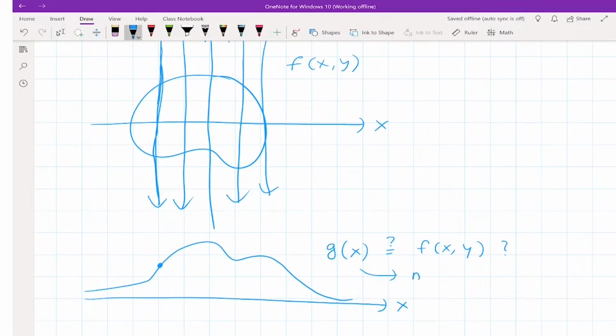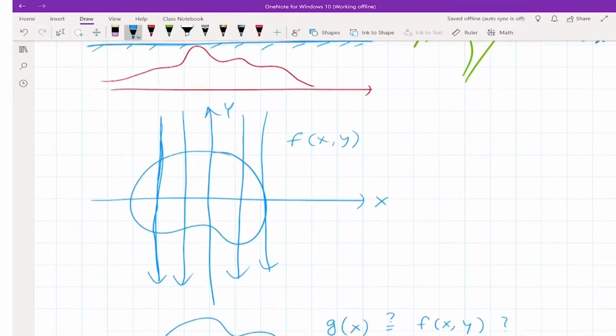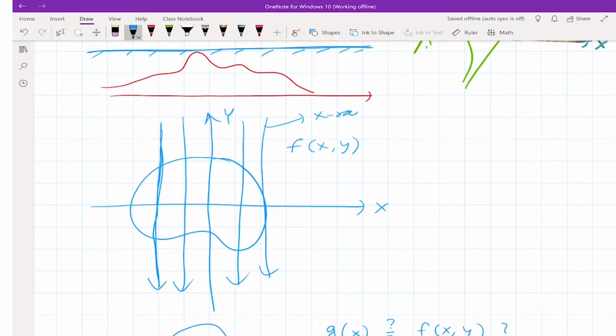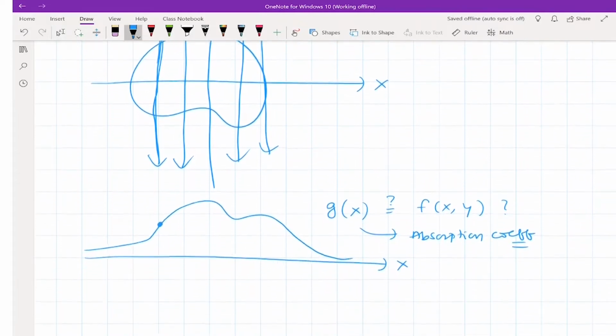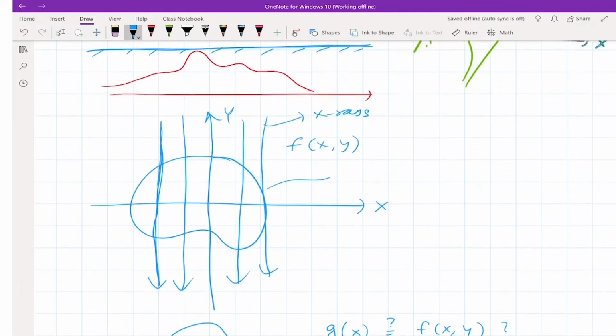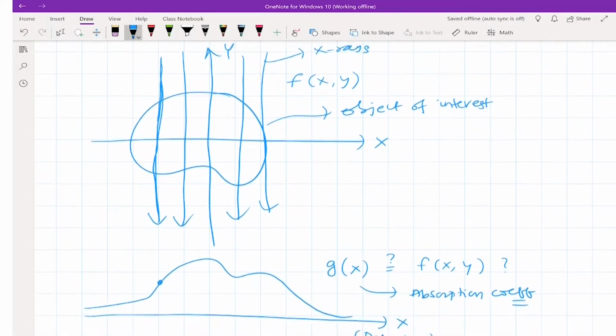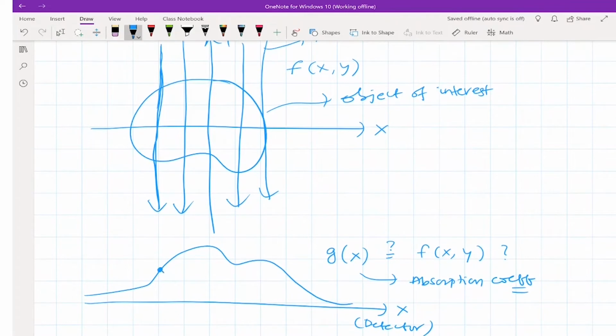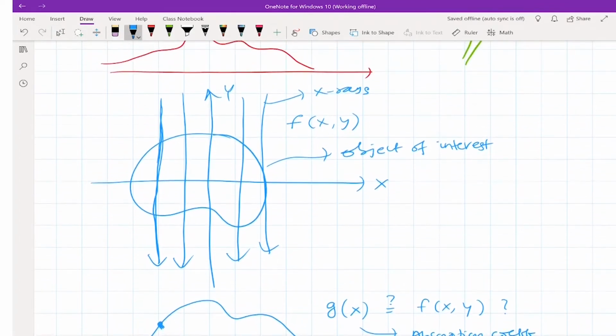So that's the absorption coefficient in case of a CT image, these would be your x-rays, and this would be your detector here. This could be any object of interest for which you are trying to compute the 3D profile, in our simplified version the 2D profile from the 1D profile. So this is the accumulation of all absorption coefficients of all voxels that are falling here.